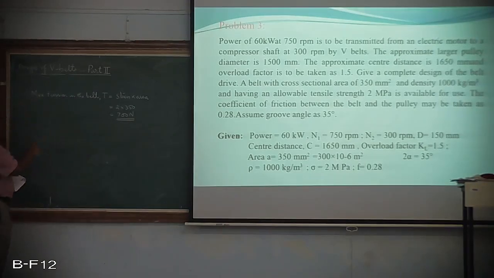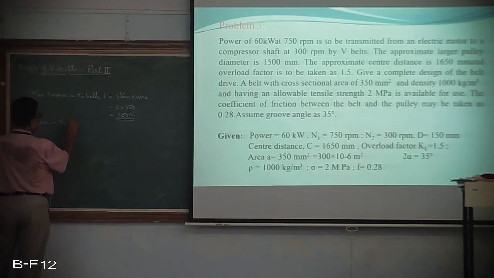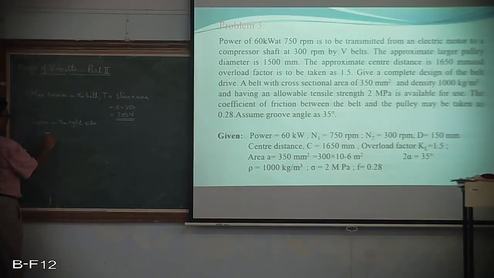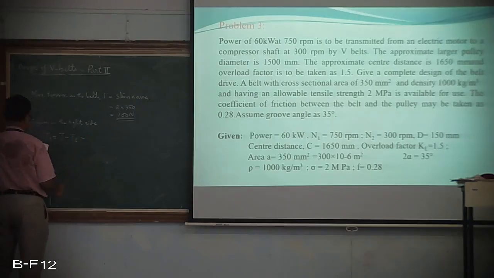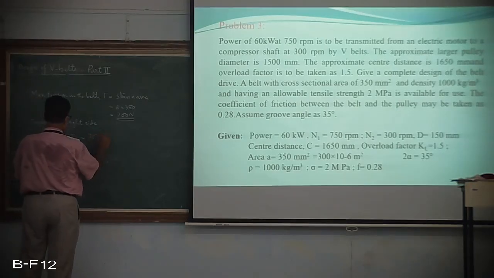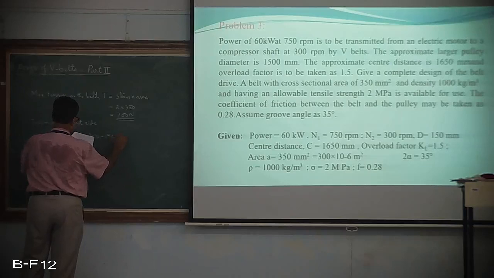Once we know this total tension, we want to find out the tension in the tight side and the tension in the slack side. The tension in the tight side, which we call T1, is always the maximum tension minus Tc, which comes out to be 700 minus 196, that is 504 Newton.